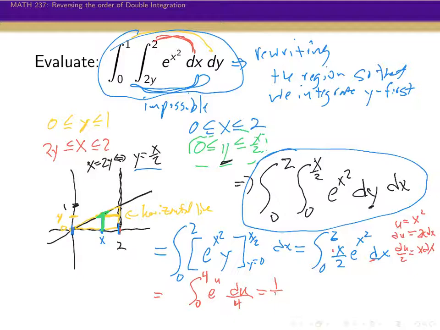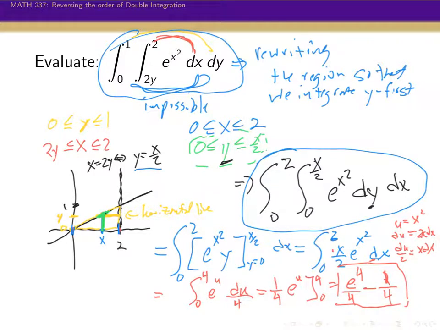And so we get 1/4 the integral of e to the u, which is just e to the u, evaluated from 0 to 4, which gives me e to the 4th over 4, minus, if I plug 0 in, e to the 0 is just 1, so it's minus 1/4. We have a very nice doable integral right there. Okay, and so this is a useful trick to do in lots of situations.